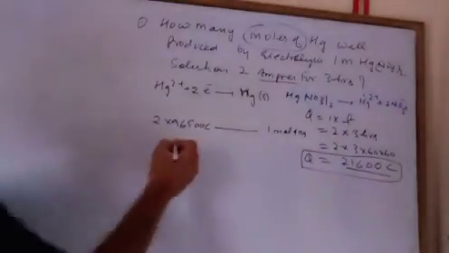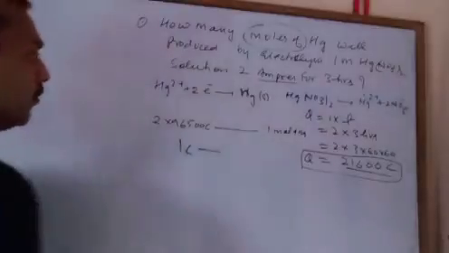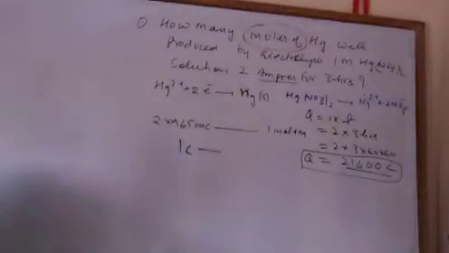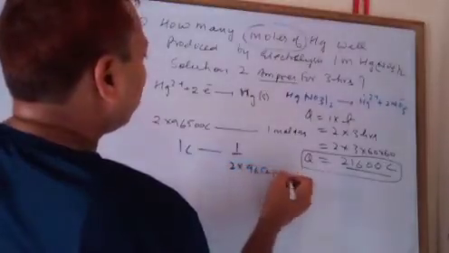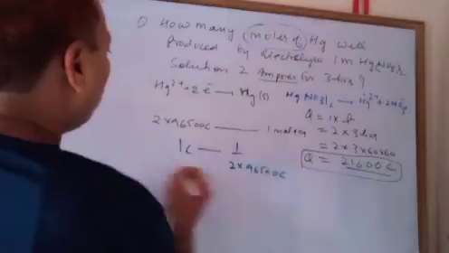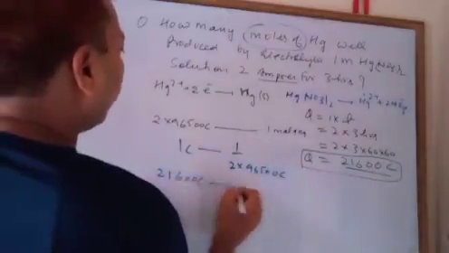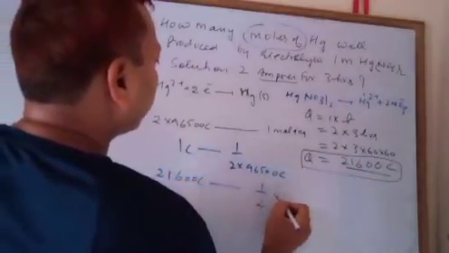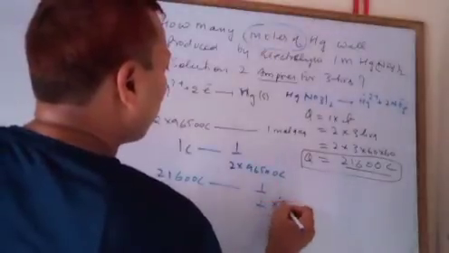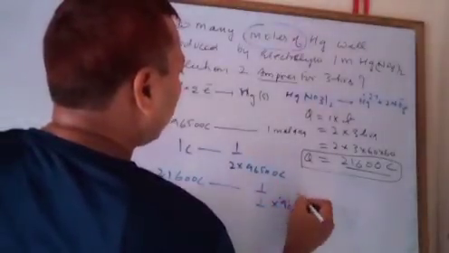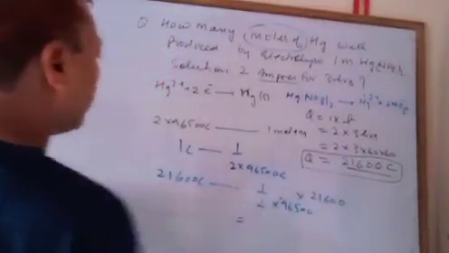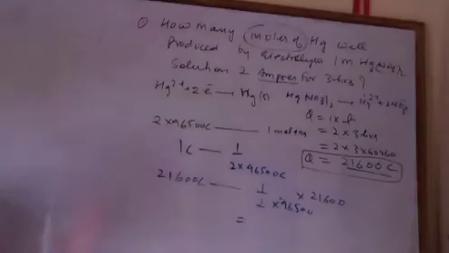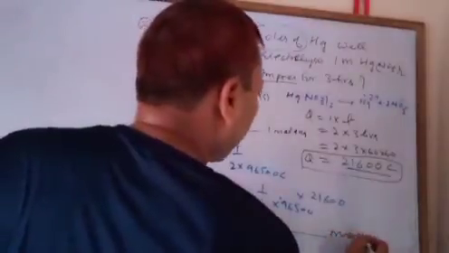So 1 coulomb will contain 1 upon 2 into 96500 mole. And how much charge is there here? 21600 coulomb. So multiply by this: 21600 upon 2 into 96500. Now calculate. Simple mathematics is involved, and whatever value comes, that will be the answer.